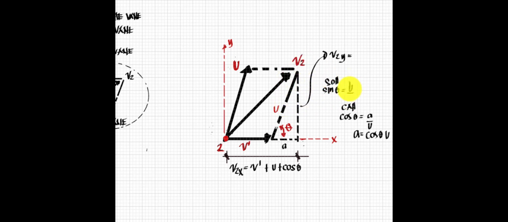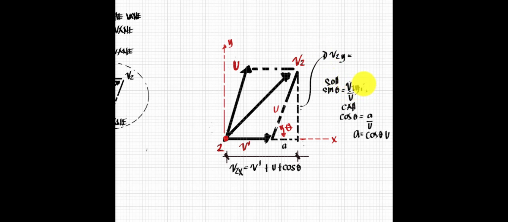Let's name the opposite, which is your letter B, and the hypotenuse will be U. So we can rewrite our equation for the value of B. Let's change this one to V2, and let's erase this one. So erasing that one, we have V2y.